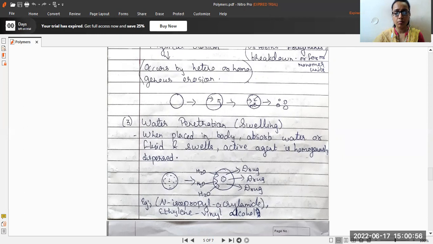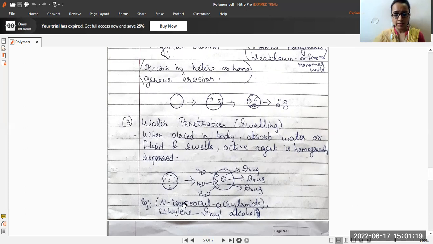Obviously, the body contains water and many fluids. So when placed inside the body, it will absorb the surrounding water or fluid and start swelling. As soon as it swells, the active ingredient is homogeneously dispersed from the tablet or dosage form.